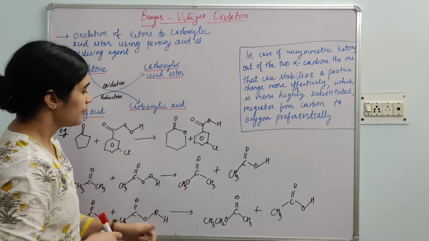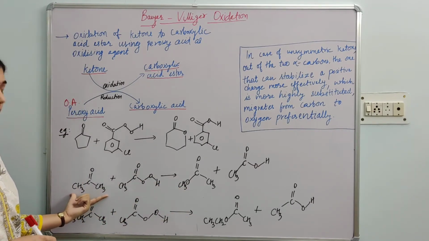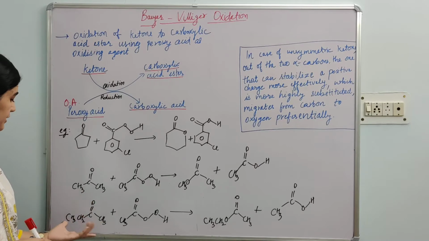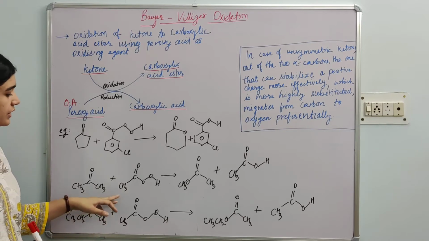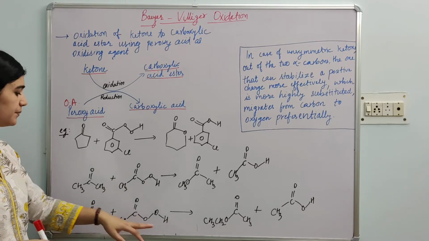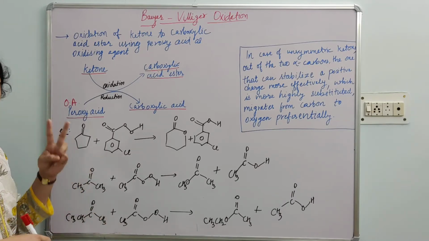Alright. But if you have two different ligands on your ketone, or you can say if your ketone is unsymmetric. Here, if you see, on one side we have an ethyl, on the other side we have a methyl group. If we react it with the peroxy acid, there are two possibilities. There should be two products.